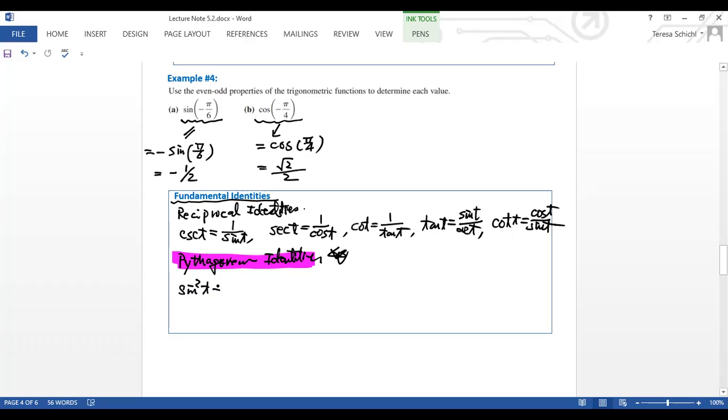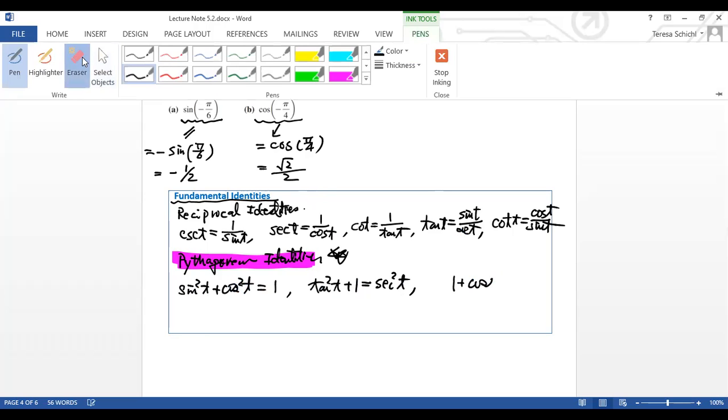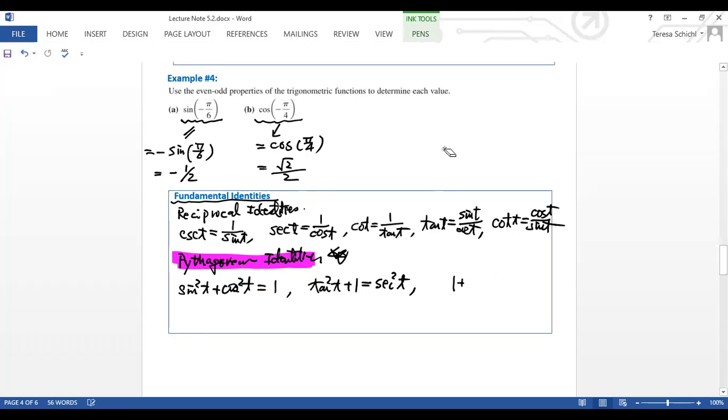Sine squared t plus cosine squared t is equal to 1. And then we also have tangent squared t plus 1 is equal to secant squared t. Then the last one we have is 1 plus cotangent squared t is equal to the cosecant squared t.